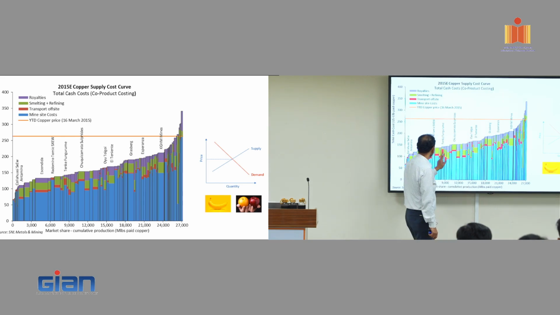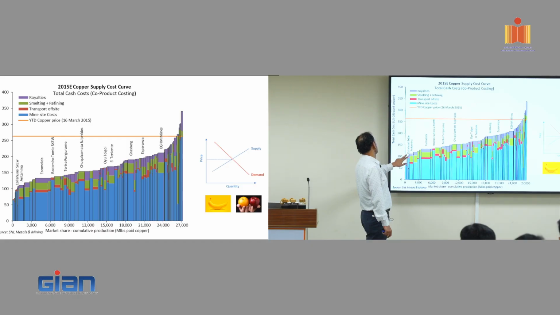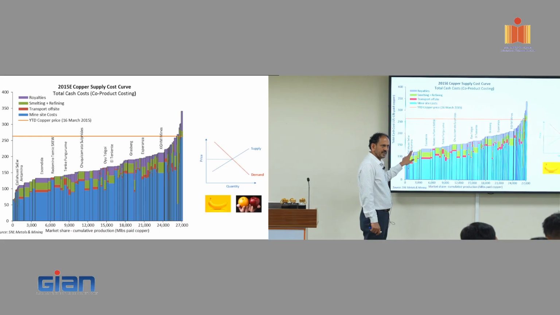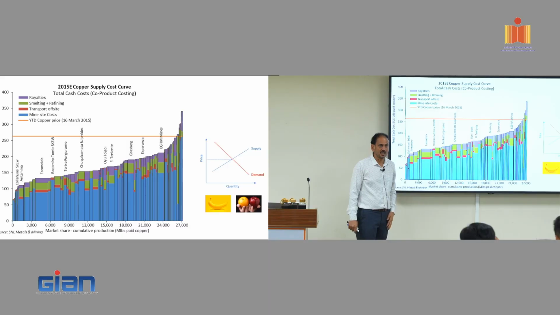For example, Escondida, which is one of the companies in Chile. And then Antamina, which is one of the Peruvian companies. And that's why South America is rich in copper. Peru, Chile, Argentina, rich in copper.